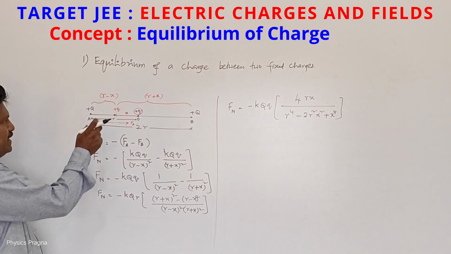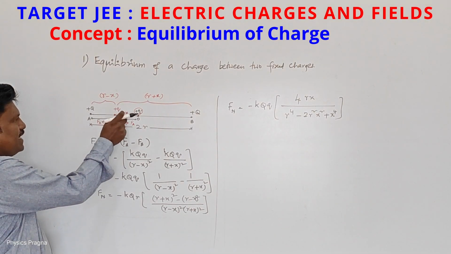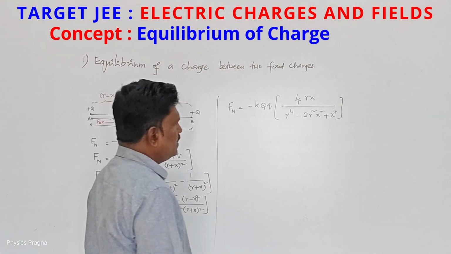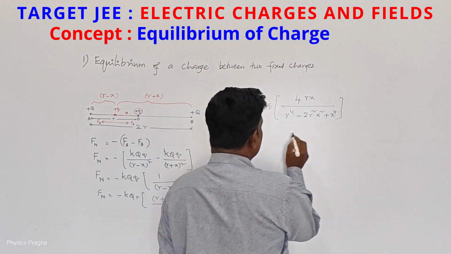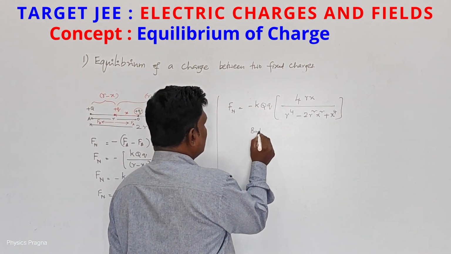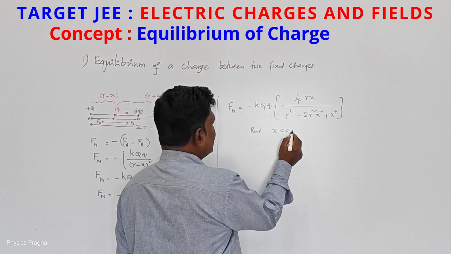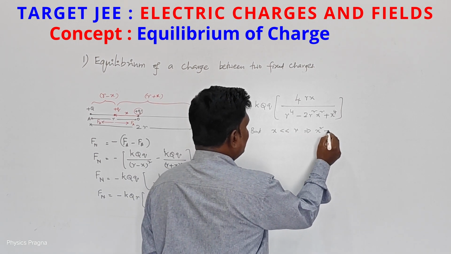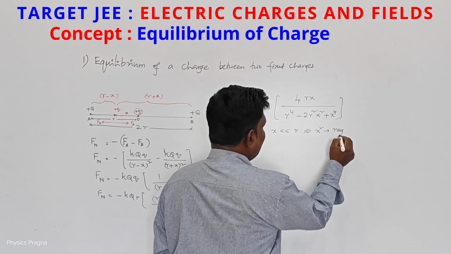Now here the x distance is very much less than the r value. That means x square value can be neglected.